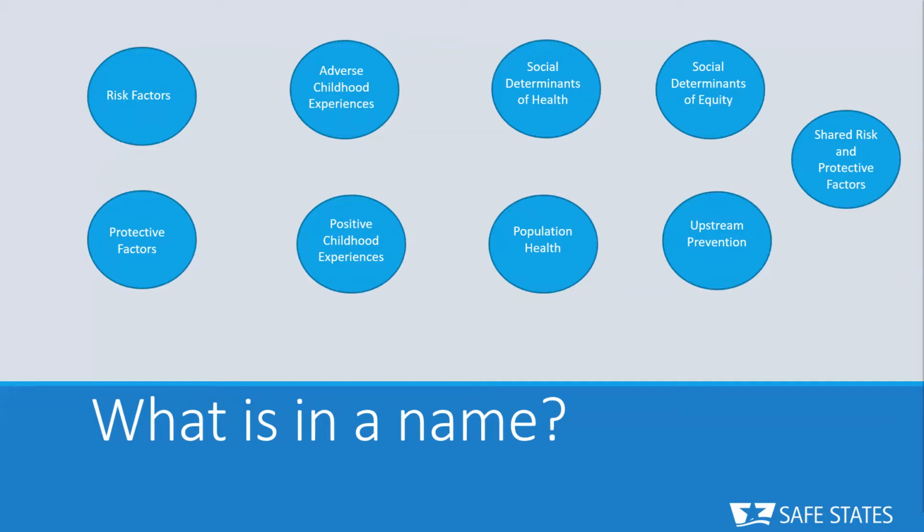So you may also hear the term social determinants of equity. Systems of power like racism, sexism, heterosexism, ableism, xenophobia, and economic systems like capitalism are examples of social determinants of equity.